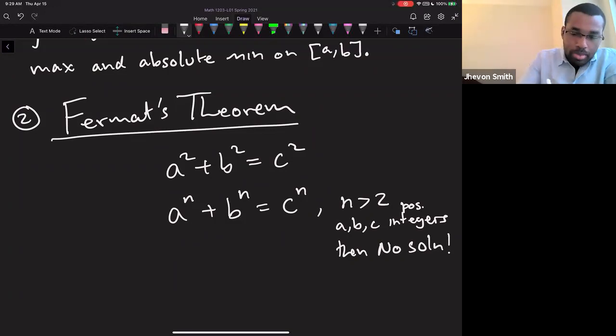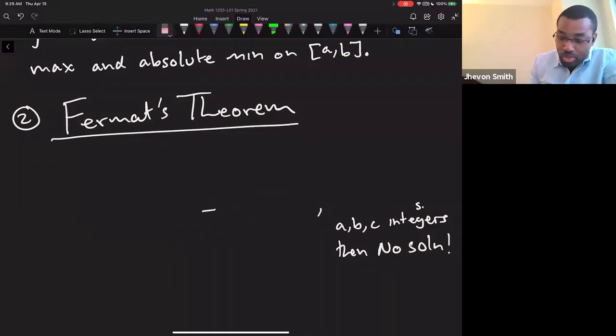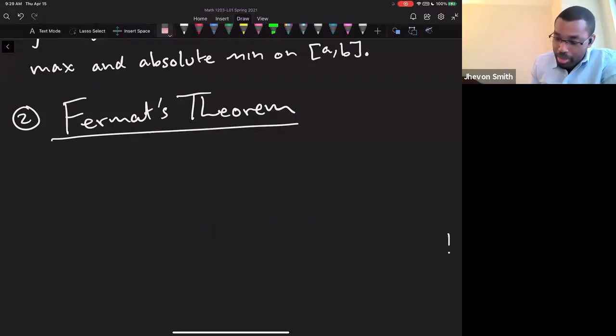He wrote this theorem in the margin of his books, and he's like, oh, I found a really awesome proof of this really awesome statement that looks very simple, but it's actually quite complicated. It turns out you can't solve this equation with integers if your power is greater than 2. And it seemed like a very simple thing, because Pythagoras' theorem is remarkably simple to prove. You can find websites where they give you like 100 plus proofs of Pythagoras' theorem.